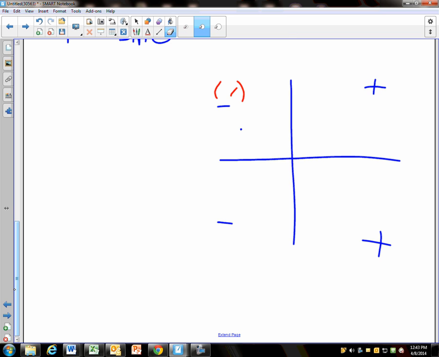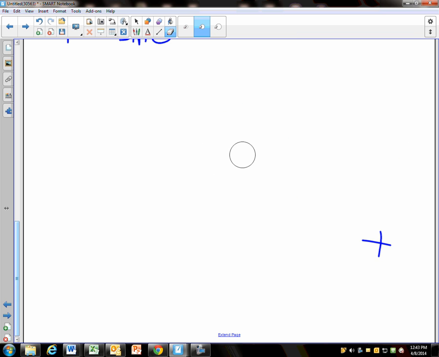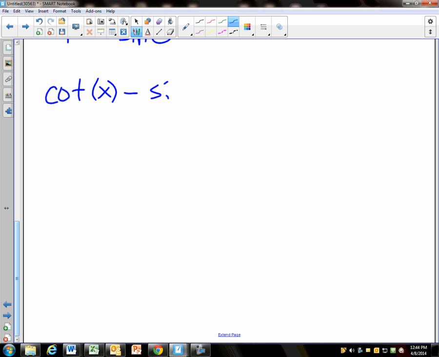So what we do is we take our trig functions, which we had, I think we had cotangent of x, is that correct? Minus sine of negative x plus cotangent of negative x.